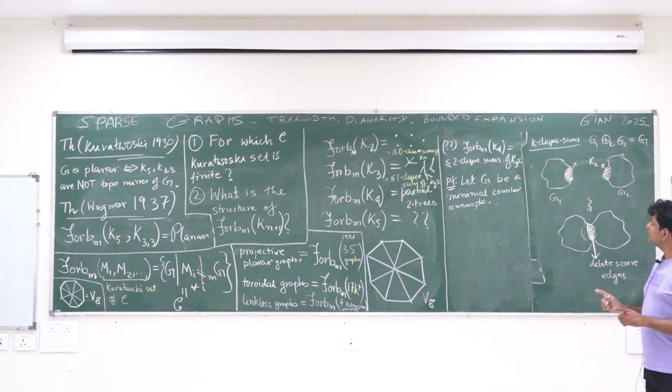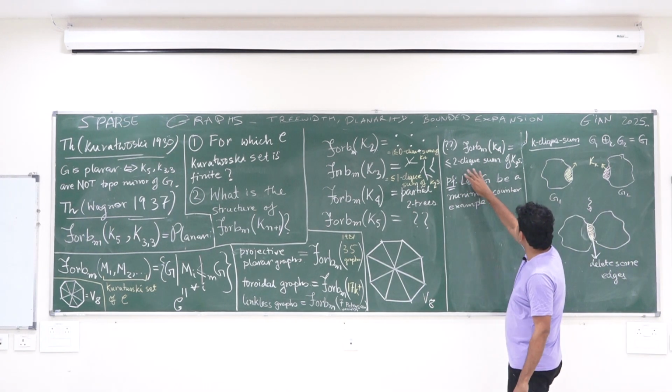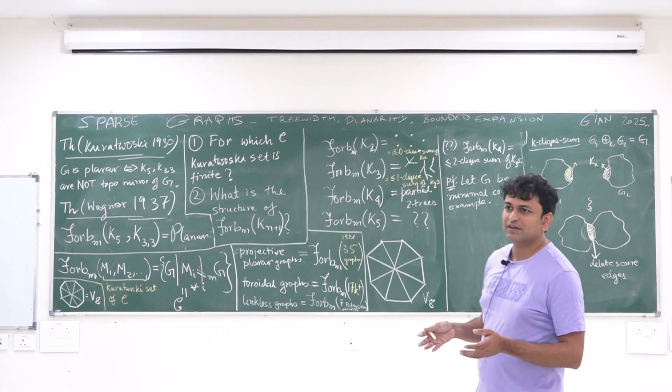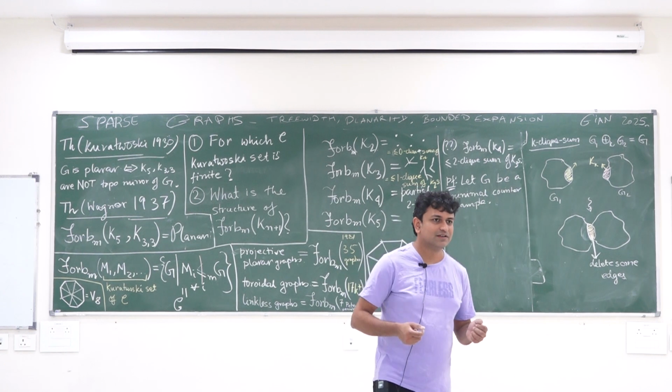That G is a... By the way, with 2-clique sums of K3s, you cannot create a K4 minor. You see that easily.